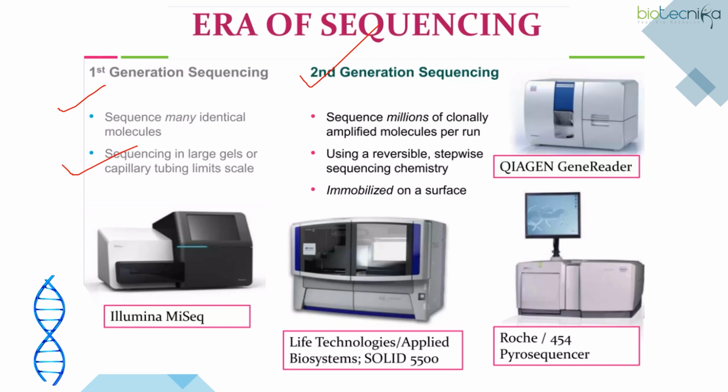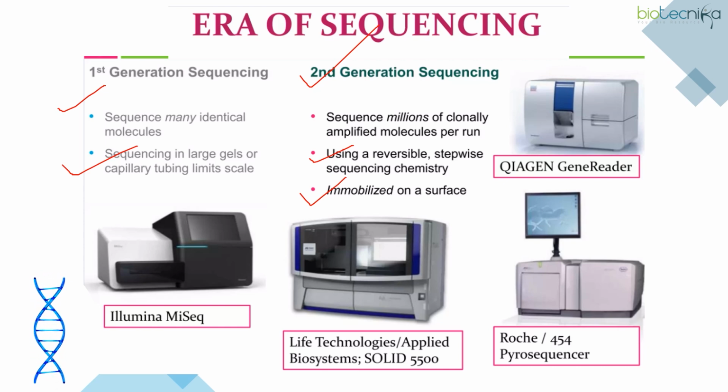Second generation sequencing is where we are able to perform the sequencing of millions of clone amplified molecules per run. Got it? And it is pretty good. And then we are able to perform even using the reversible stepwise sequencing and immobilized surface method. So these are some 2 to 3 additional methods we used to perform.